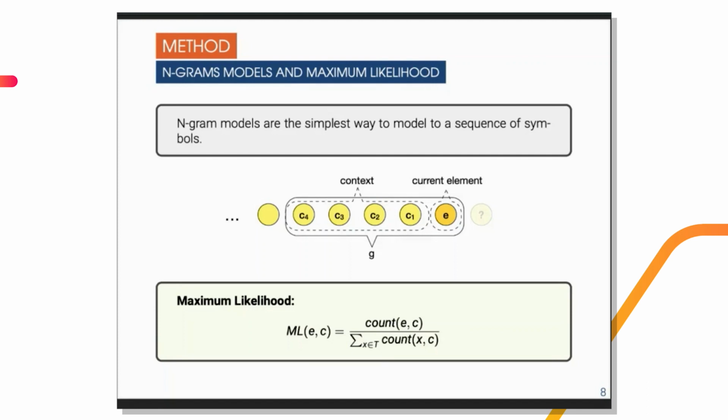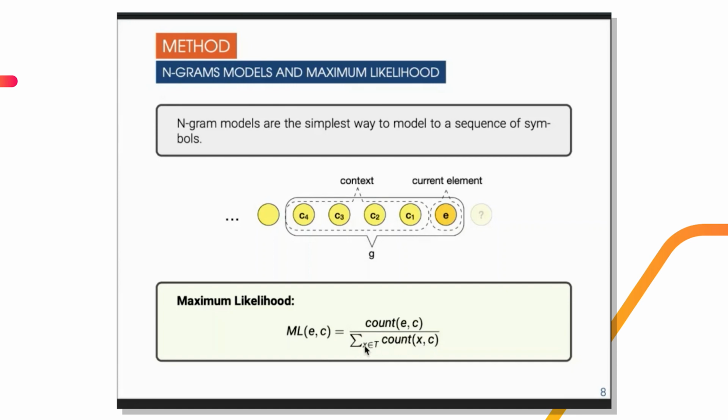So if you take a collection of example sequences and you count all the different types of n-grams you have, you can use these counts to estimate the probability that an n-gram will occur in a yet unseen sequence. This is called the maximum likelihood estimate. It's simply defined as the number of times that a particular n-gram has occurred as a proportion of the number of times that that context has occurred, followed by any other symbol.